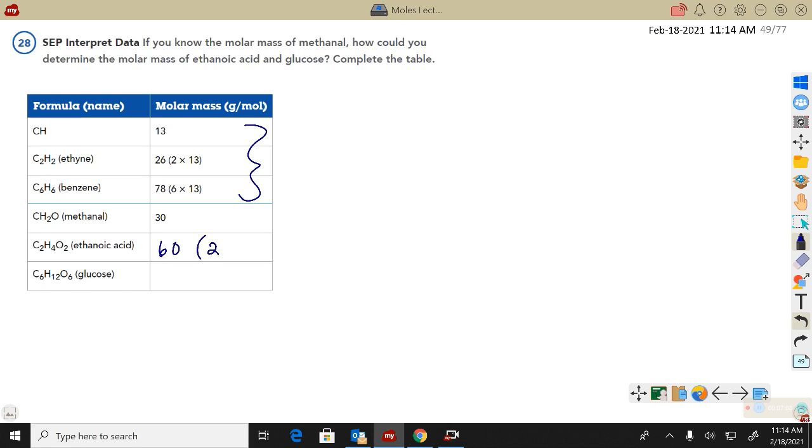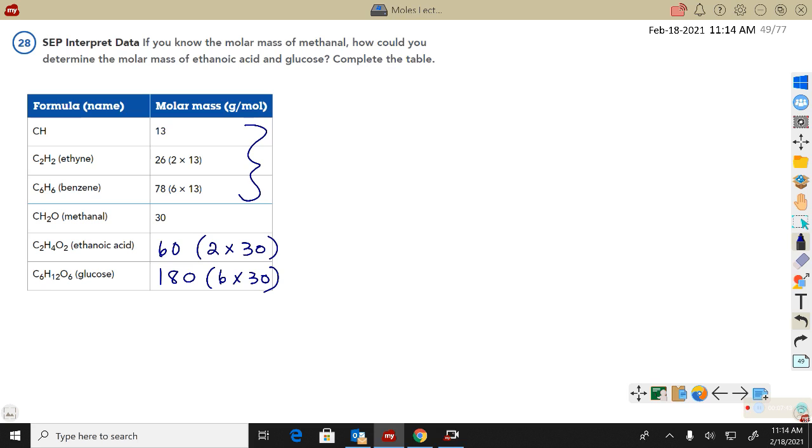I would just take 2 times 30. If the ratio in the formula doubled, you can double the mass. I can do the same thing with glucose. The ratio looks like it was multiplied by 6. Instead of 1-to-1, it's 6-12-6. So we can take that little empirical mass and multiply by 6. So now I should be around 180, right? That would be 6 times 30.